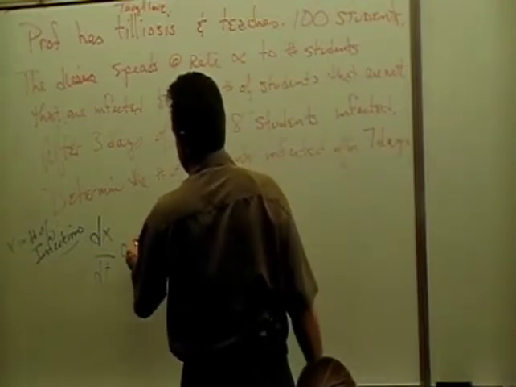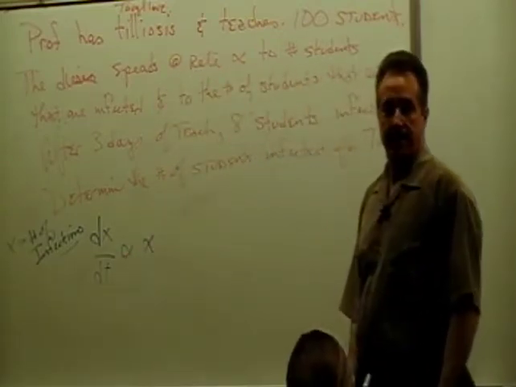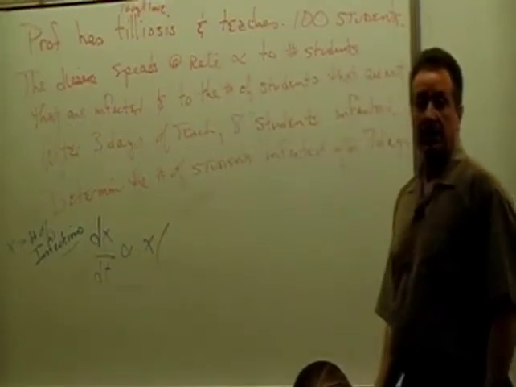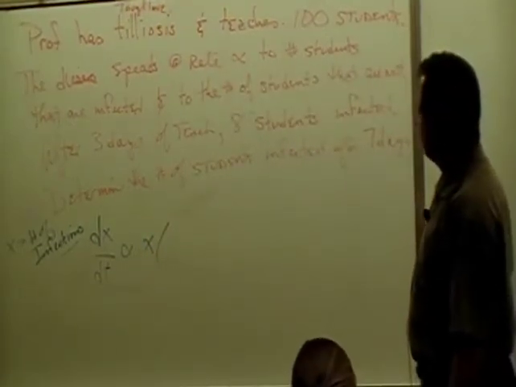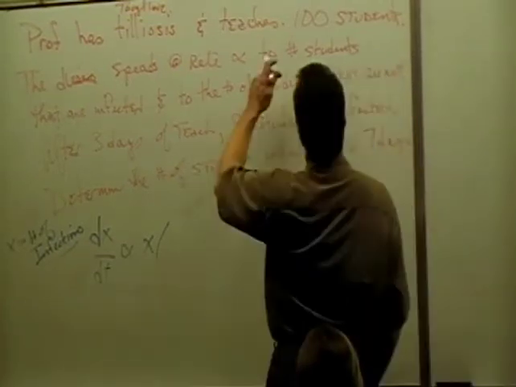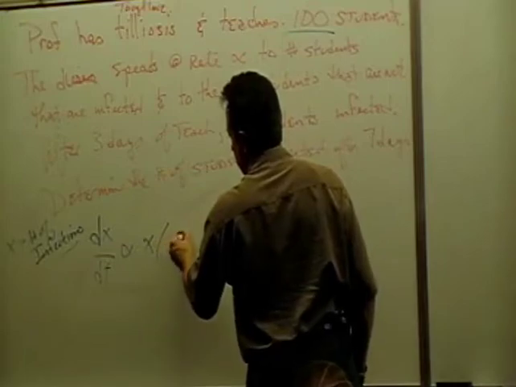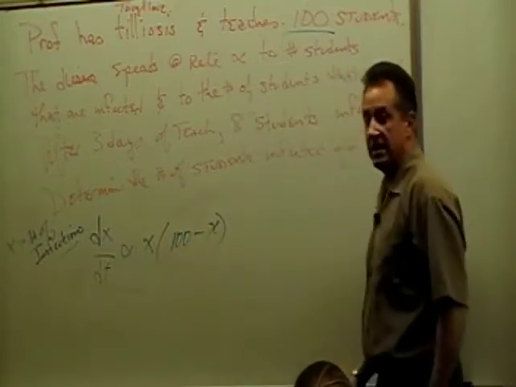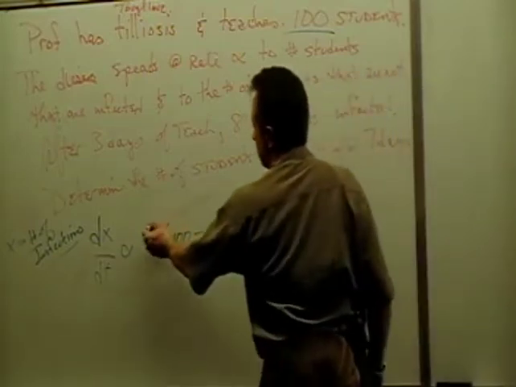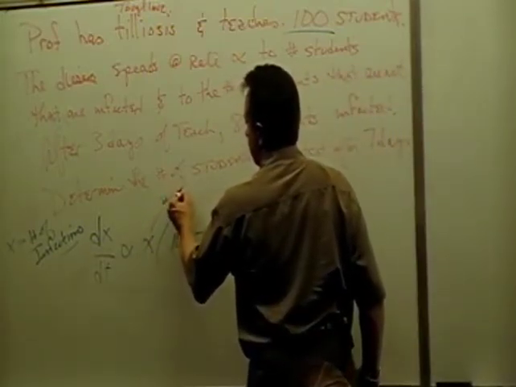Number of students that are infected is x. Times, because it's a joint proportion, the number of students that are not. Well, how many students are not? If you have a total of 100 students, you'll have 100 minus x be the amount of students that are not infected.